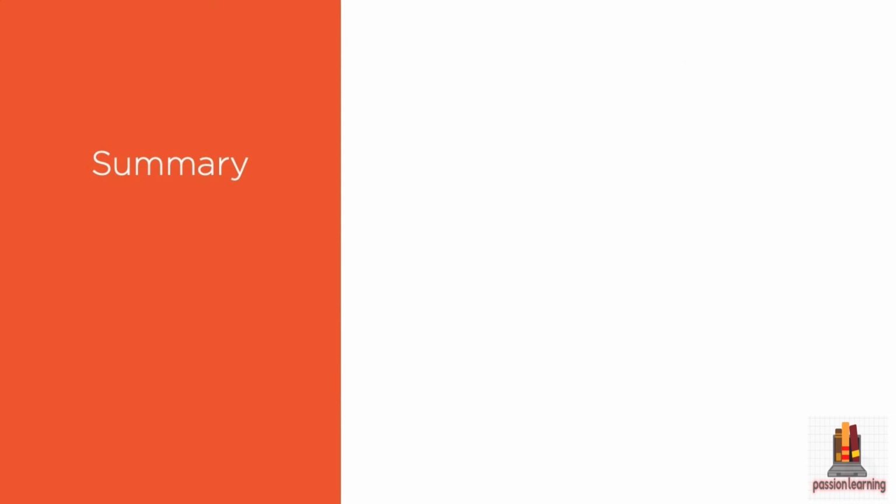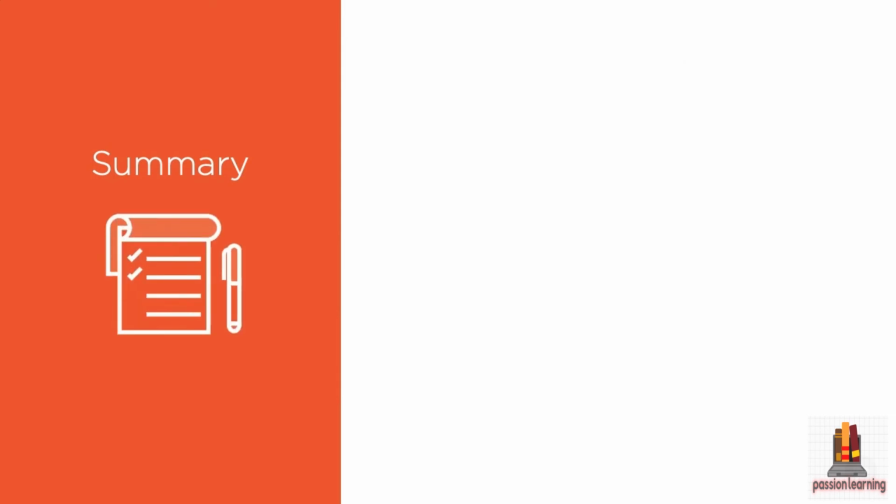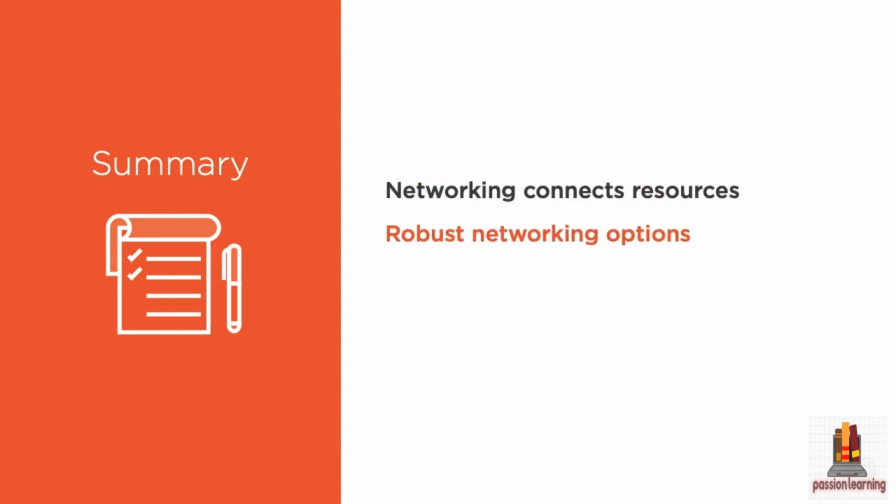So when we look at networking in the cloud, think about networking connecting your resources together and giving you the power to control how data flows through the Azure networks or between the Azure networks in your network. There's a number of very robust networking options around caching, around security, and routing of data across those networks.